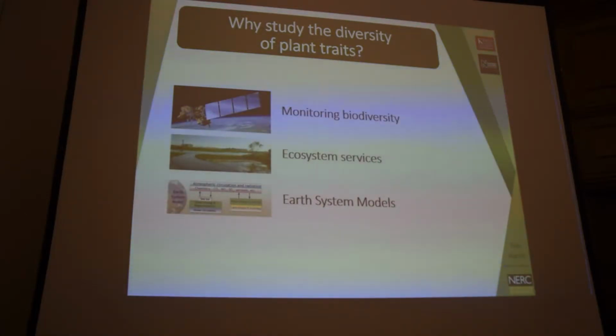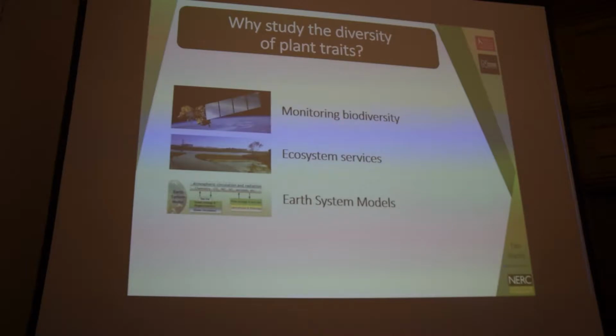So in 2012, parties to the Convention on Biological Diversity started a process to develop essential biodiversity variables, standardised measurements for long-term monitoring of biodiversity. The usefulness of monitoring plant traits will be increased if we better understand the relationship between those trait values and the species richness in different biomes. And that's what my work looks at.